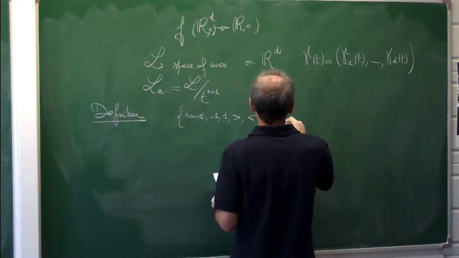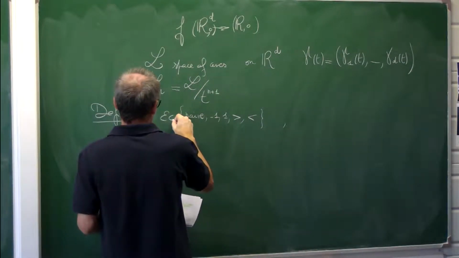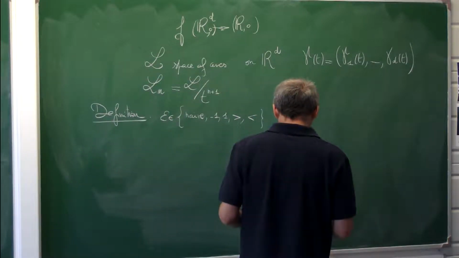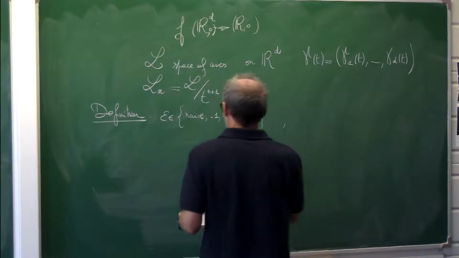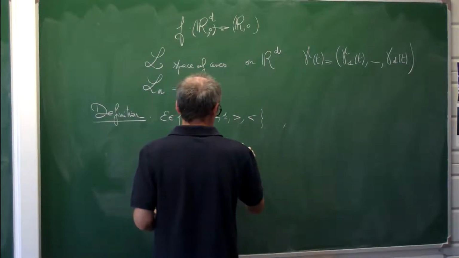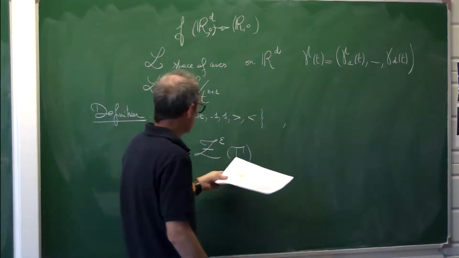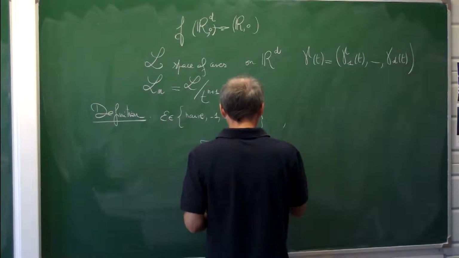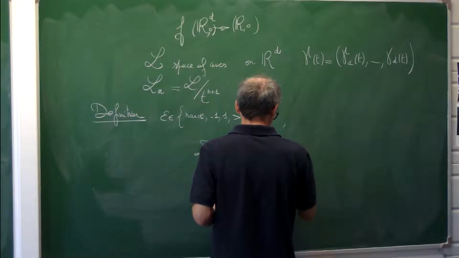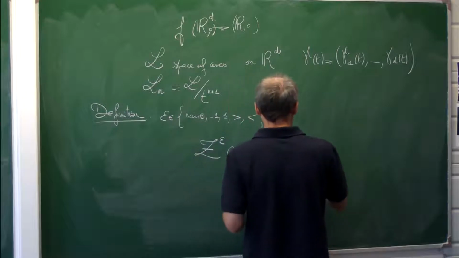And for such a symbol denoted epsilon in this set of symbols, I define a zeta function depending on epsilon with a variable t given in the following way. So I sum over all integers.